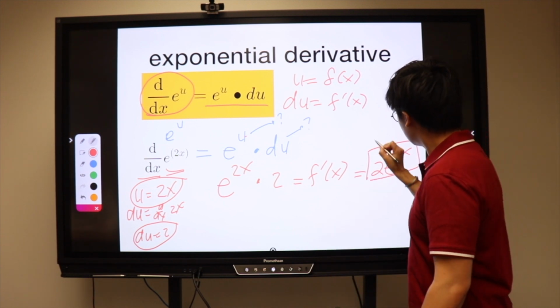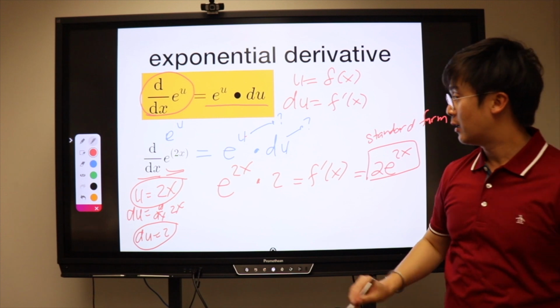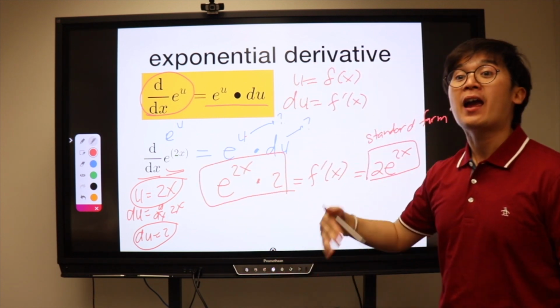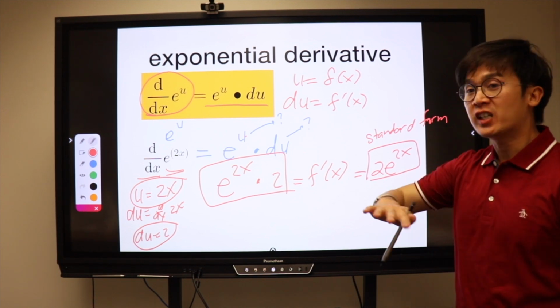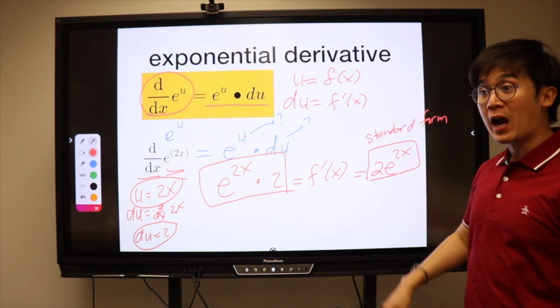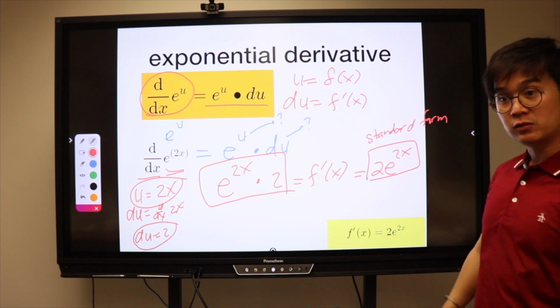This is the standard form of your function. However, know that this is already a valid derivative function. Got it? So you just need to make it pretty. And making it pretty is writing it in standard form. So that is your f prime of x, 2e to the 2x.